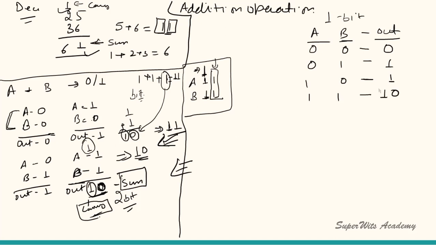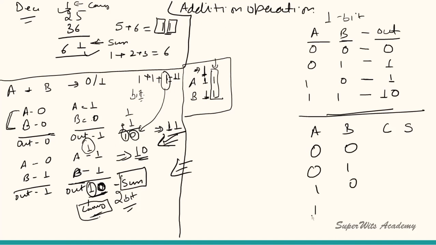Now if I try to segregate this into two different parts, that is sum and carry, with inputs A and B, I'm writing the same thing again: 0 and 0, 0 and 1, 1 and 0, and 1 and 1. If I'm adding 0 and 0, the sum will be 0 and the carry will also be 0.